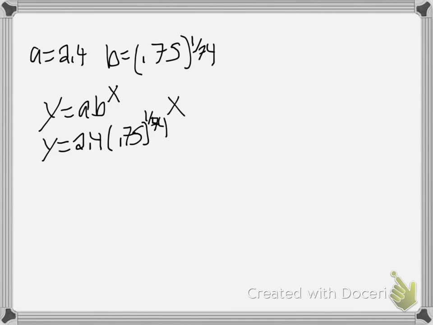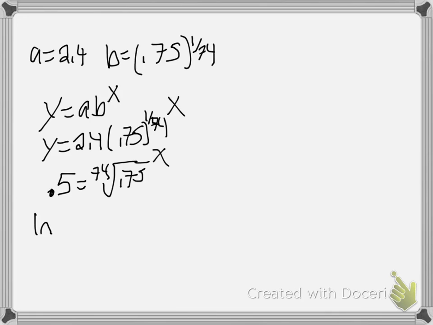Okay, now our y value is going to be half of our original value of 2.4, and we're going to divide by 2.4, so we're going to have a y value of 0.5, because it's a half-life, equals the 74th root of 0.75 to the x. Okay? Now, what do we do with this? Well, we take our natural log.